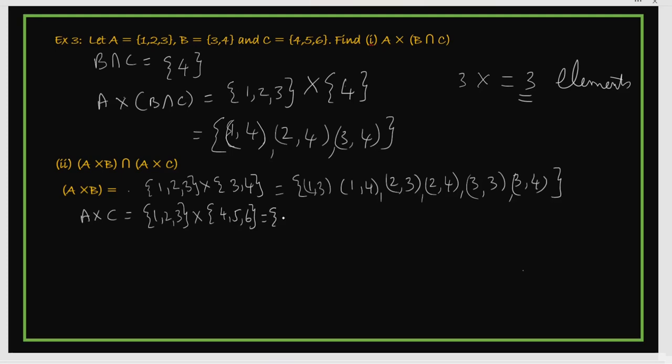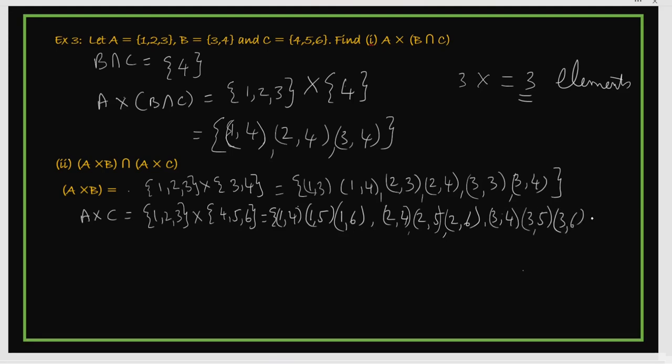It's a laborious process, but if you do this, you'll get complete understanding: this is Cartesian product, this is ordered pair, and these doubts will be clear. Okay. (1, 4), (1, 5), (1, 6), (2, 4), (2, 5), (2, 6). Similarly, (3, 4), (3, 5), (3, 6). Right? These are all the pairs. This is the Cartesian product of it.